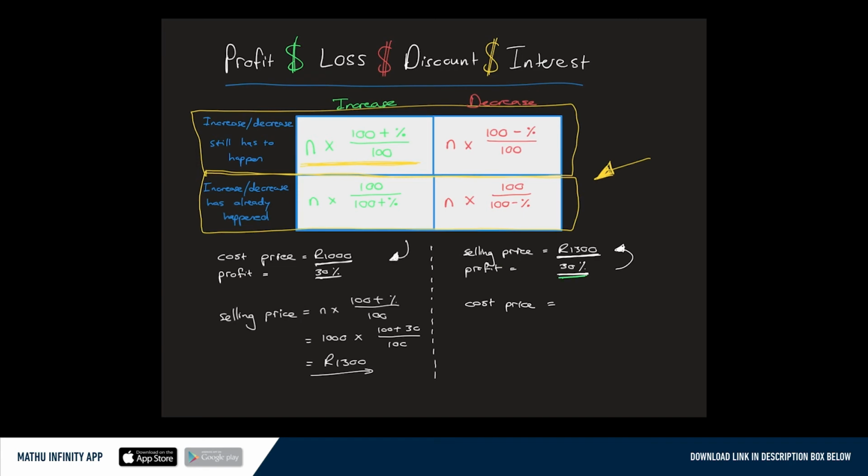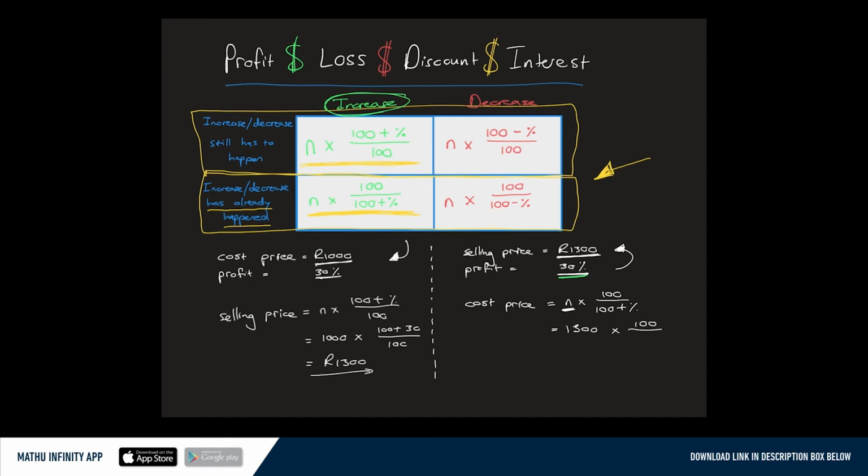So I'm still looking at the green part on this table. But now the increase has already happened. So I'm looking at the bottom part where the increase has already happened. So then I'm writing that formula as n times 100 over 100 plus my percentage. And I put in at n the original price, the 1,300 Rand, the selling price that they gave me.